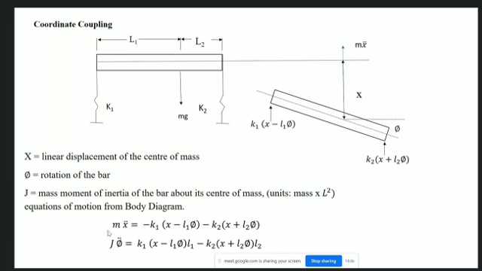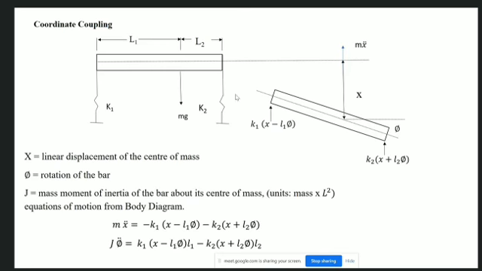Similarly, the total unbalanced moment, with rotational acceleration phi double dot, is equal to J phi double dot, the unbalanced moment being applied here. Is it understandable to each other?